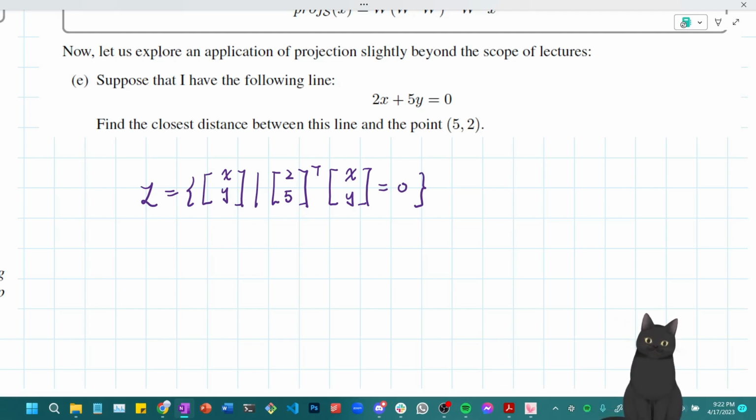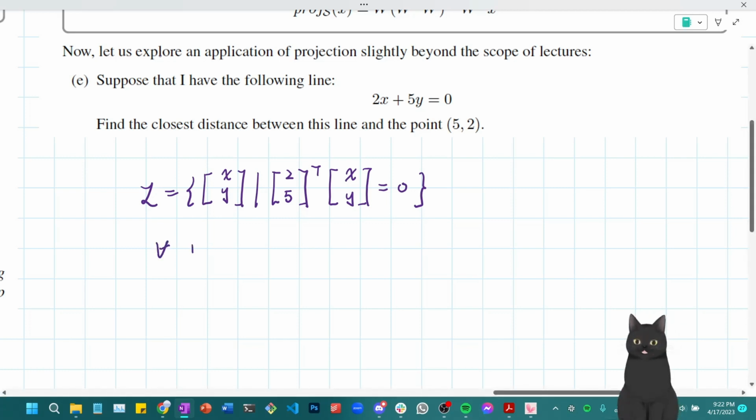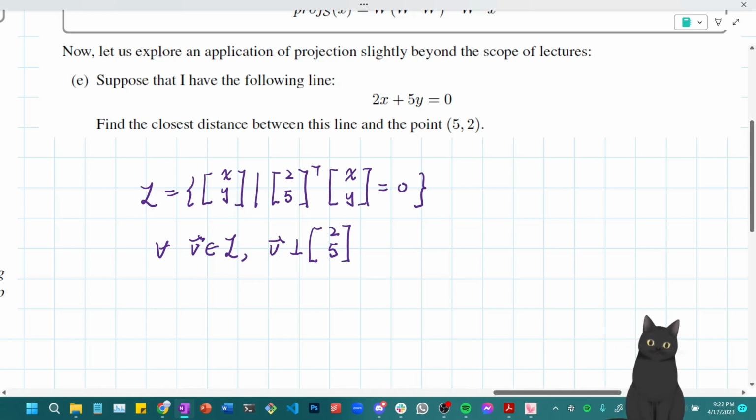So I know that the line can be phrased as this, and furthermore, for each vector that belongs to the line, that vector is perpendicular to the vector (2, 5), because their dot product is 0. So let's think about a way to get the point (5, 2) involved in this question.